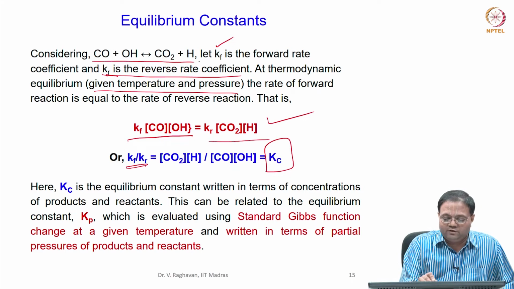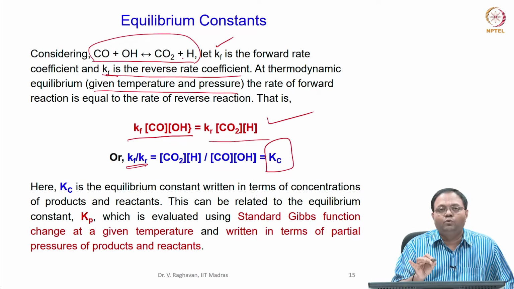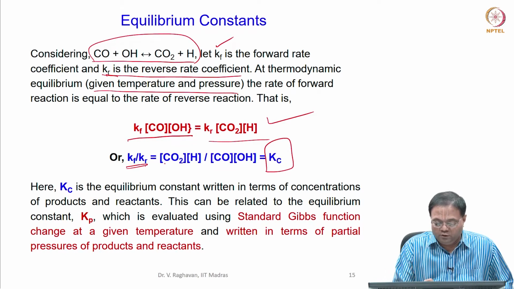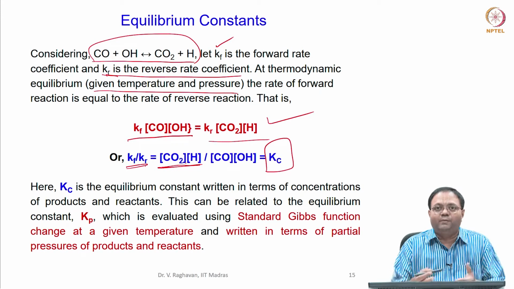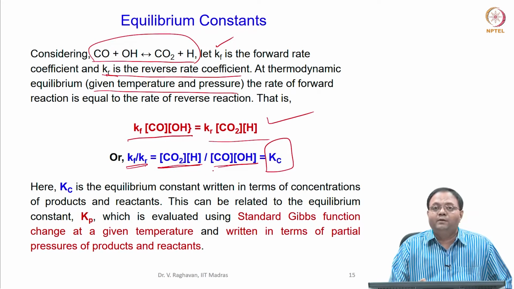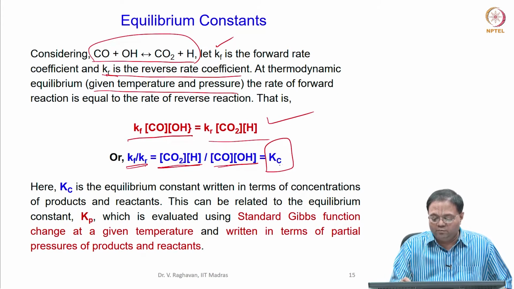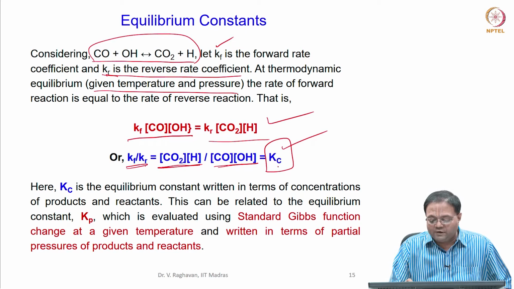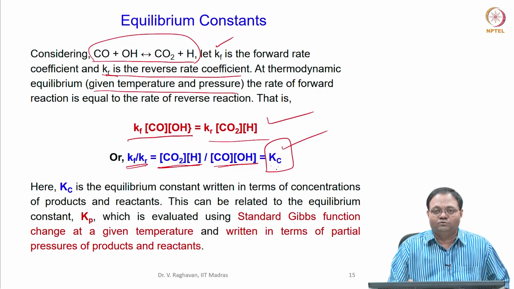When you write the reaction like this, the reactants are CO and OH, the products are CO2 and H. So this is the concentration of the products multiplied together. Similarly, this is the concentration of the reactants multiplied, and that ratio of the products to the reactants will be the concentration based equilibrium constant. So Kc is nothing but the concentration based equilibrium constant.